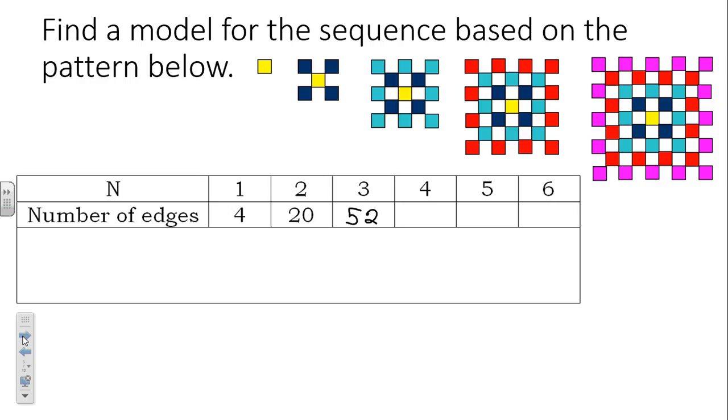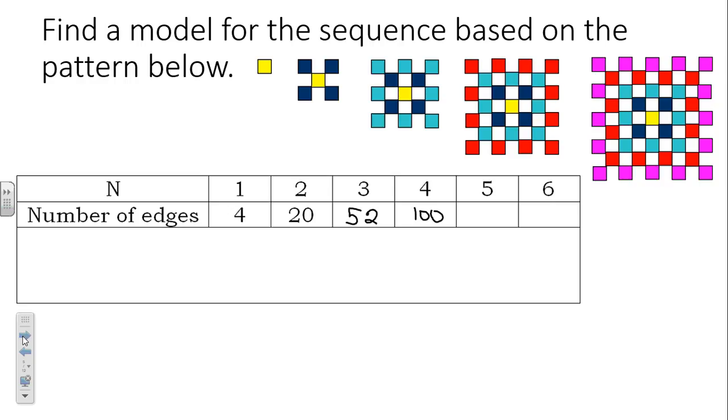Okay. Picture 4, or pattern number 4. How many new blocks did we add? How many reds? 12. 12 times 4 is 48, plus 52 is 100. Okay. Image 5.